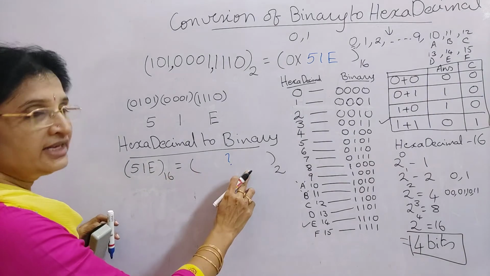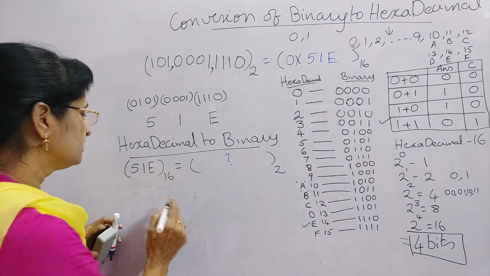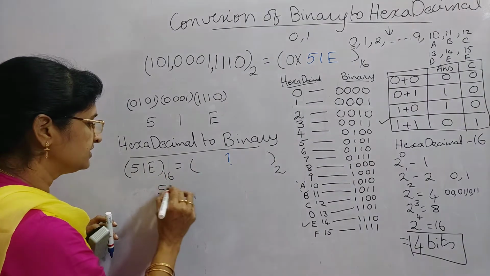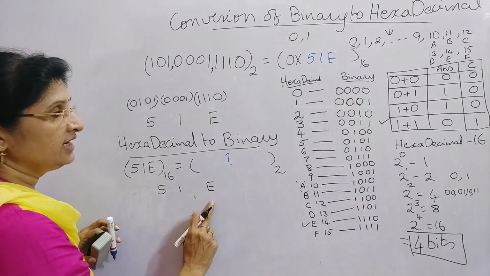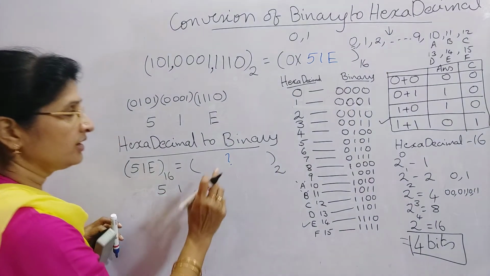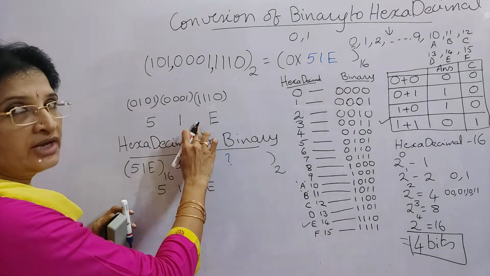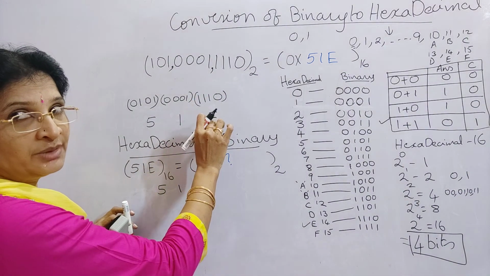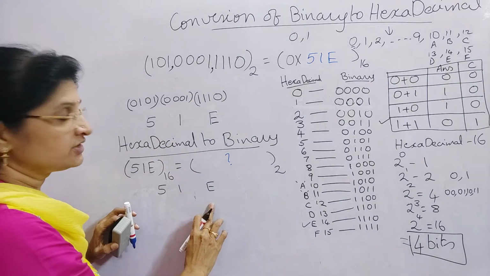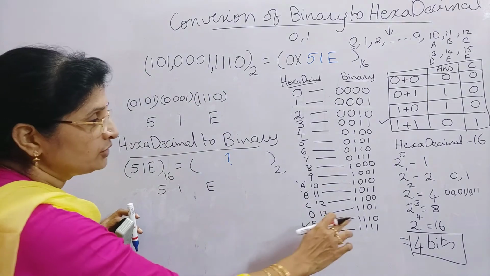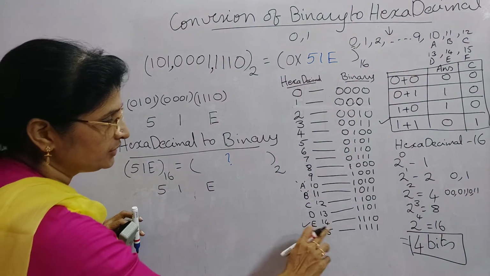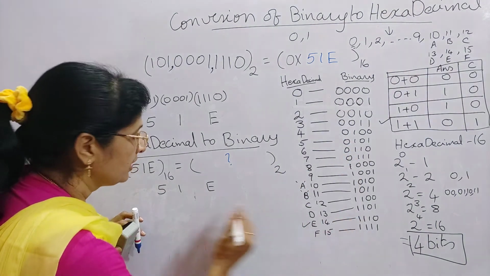So for finding this, what we have to do is, first of all you have to separate the digits here, 5, 1, E. Now, in the previous one what we have done, we have written the hexadecimal digits. So here we have to do the reverse process. For each and every hexadecimal digit, you have to write the binary code. For E, what is the code?